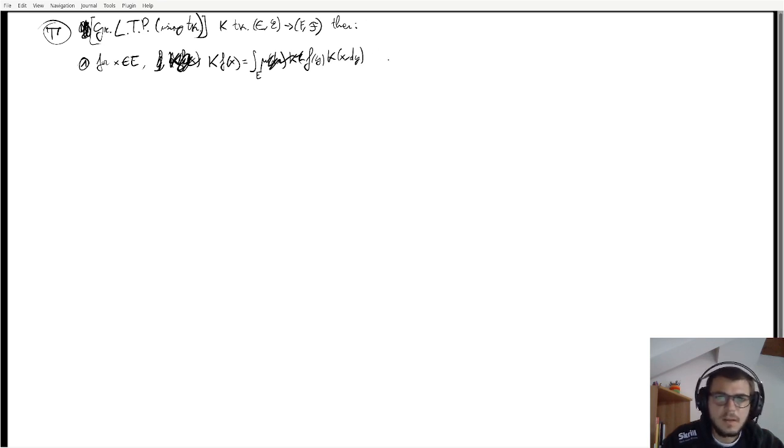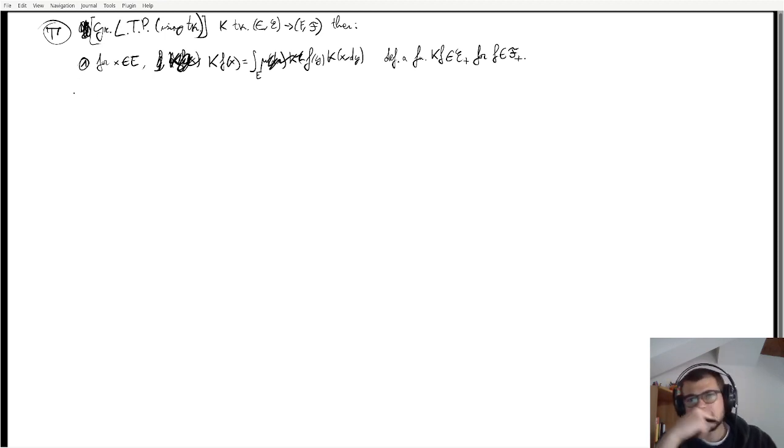This defines a function Kf which is measurable and positive for any f measurable with respect to the sigma algebra F. Now, I still find it difficult to interpret this formula in a concrete example, but let's go to the second point.